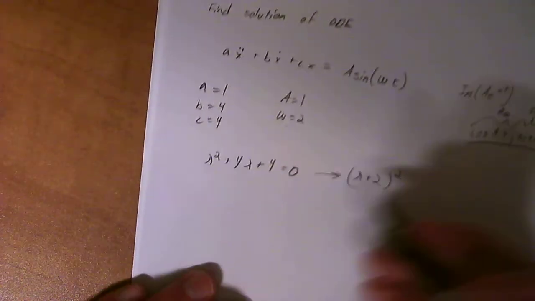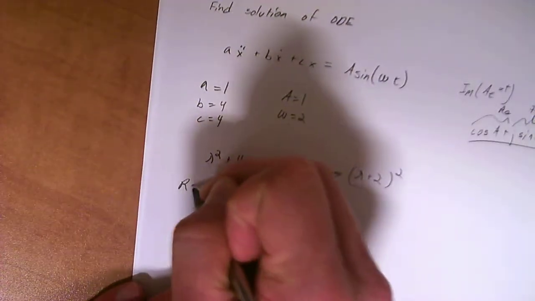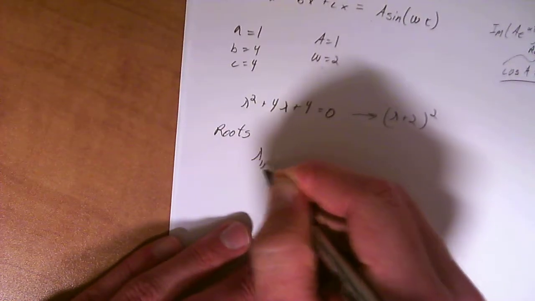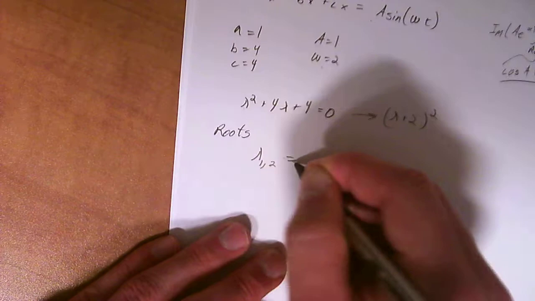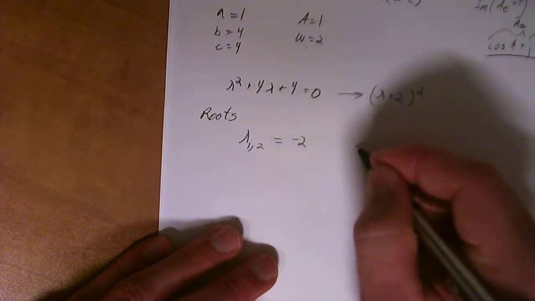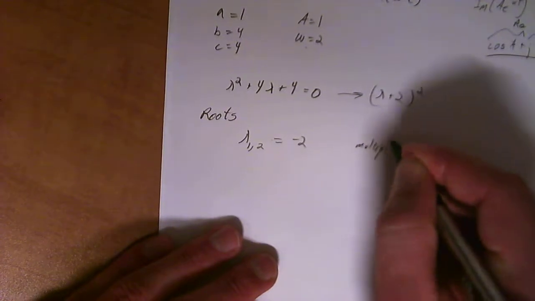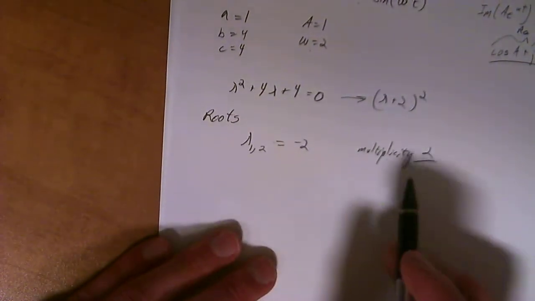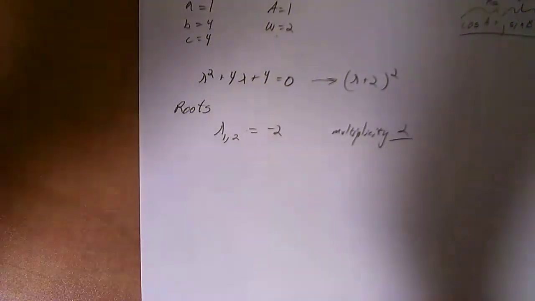So finding the roots then, you end up with lambda 1 and 2 equal to negative 2. If you haven't been introduced to this, this means you have a multiplicity of 2, which defines what we're going to do in this next step.